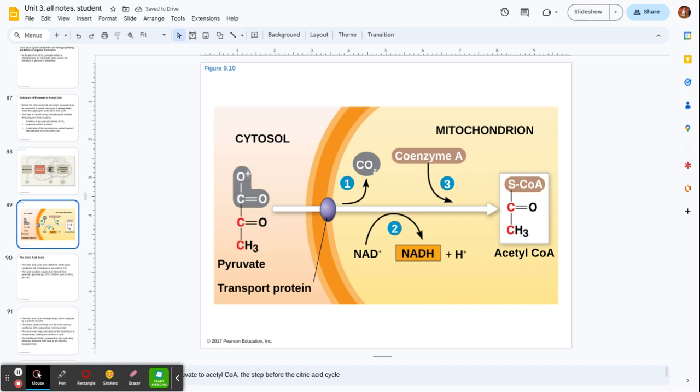Here's my pyruvate. My pyruvate is going to get transported into the mitochondria. I'm going to lose a carbon dioxide. I'm going to reduce my NAD to become NADH. I'm also going to pick up a proton, and H plus is a proton. And I'm going to make this molecule called acetyl-CoA.